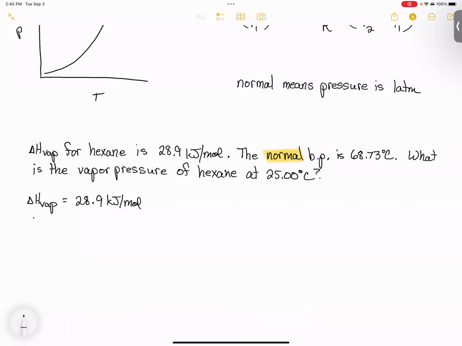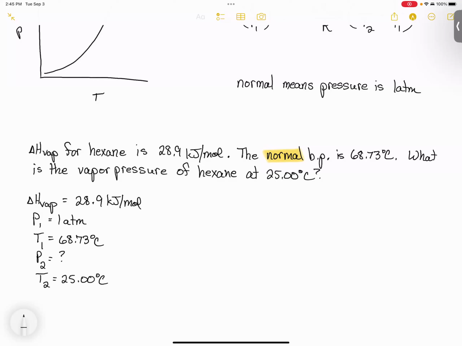So our first pressure is 1 atmosphere, our first boiling point is 68.73 degrees Celsius, and we have been asked to determine the second vapor pressure when the temperature is 25.00 degrees Celsius.